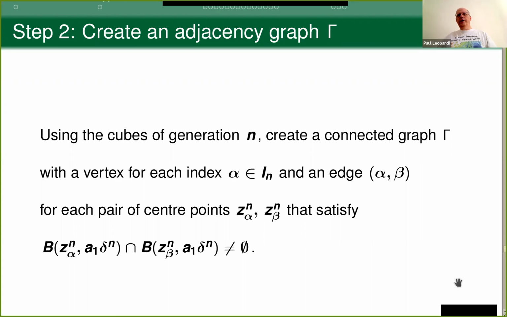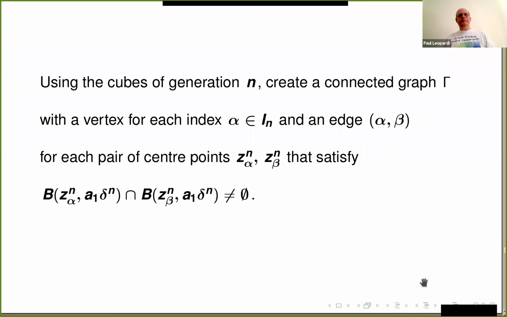So we're doing something to some extent similar to what we had with the kissing caps, but in this case we don't have kissing. We have overlap of metric balls with a radius which we're keeping control of.